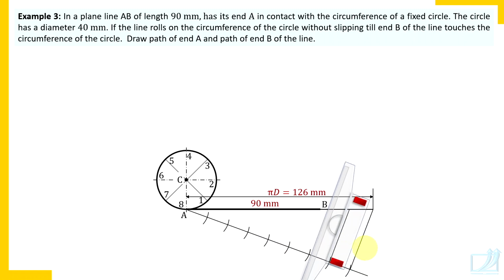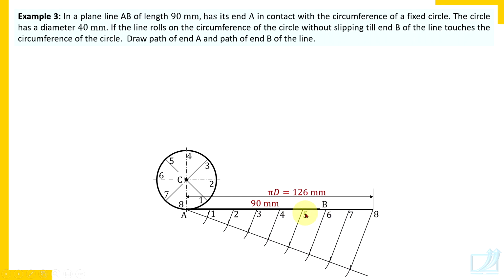Now you are familiar with how to divide a line in 8 parts. Now all those 8 divisions on length pi d, you number. At contact point it is point 0, and end of the first division you label as 1, end of second division you label as 2. How many divisions did you get on the line?